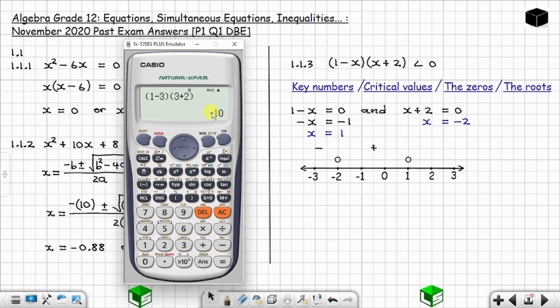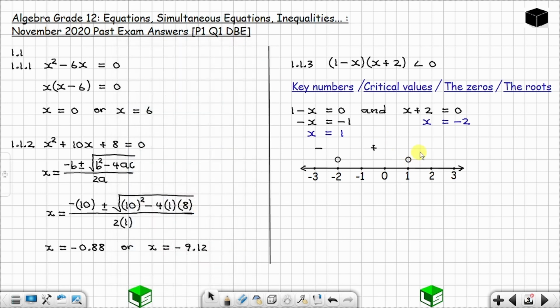And the answer is negative 10. So if you use any number after 1, you are going to find that the answer will always be a negative. So on this interval, we have tested it. We found that it's going to be negative. Okay. So you can do this mentally. You don't need to use a calculator. You can do it quickly without using a calculator.